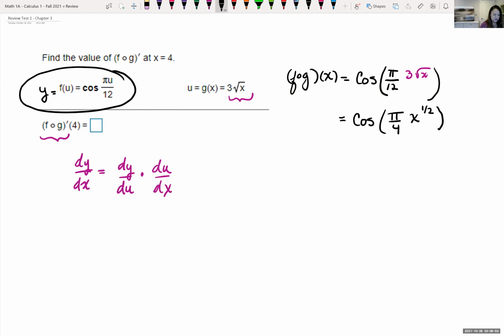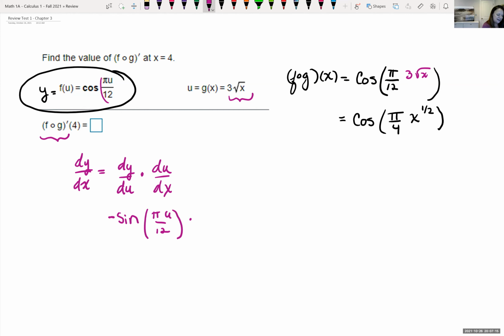And so we could take the derivative of that piece and the derivative of that piece. So the derivative of cosine, that's a negative sine of the inside. So pi u over 12.